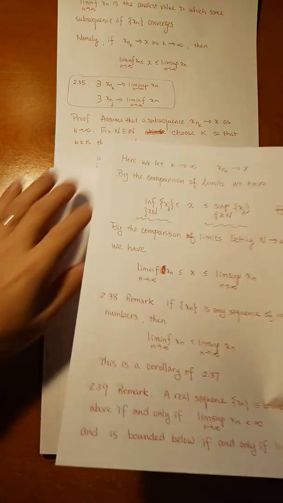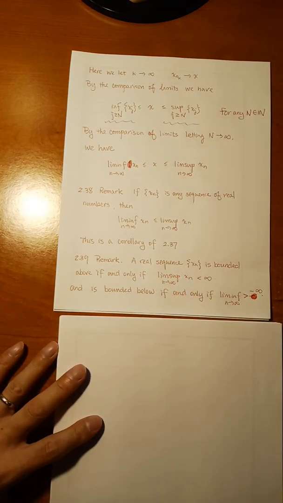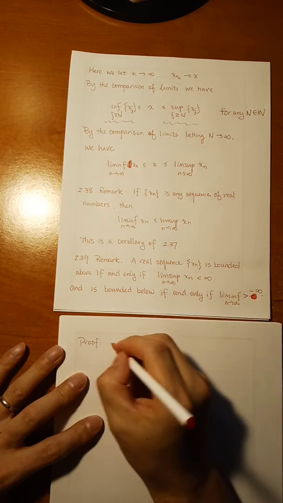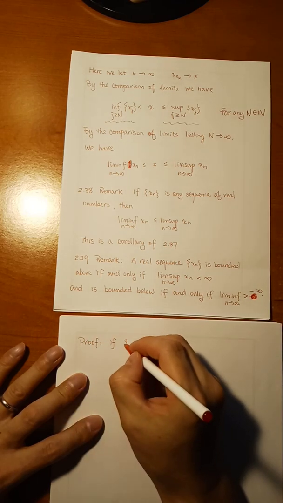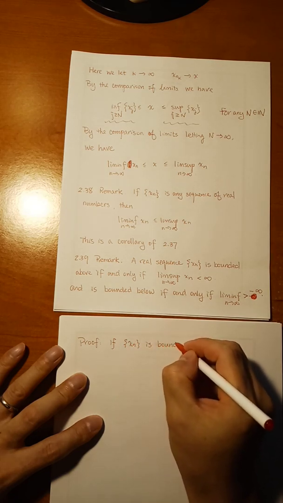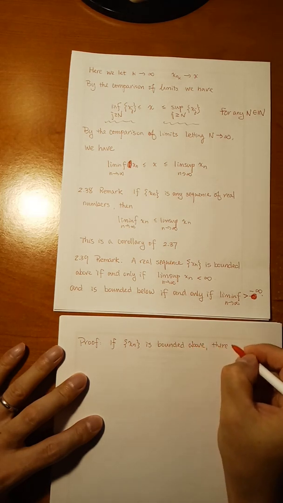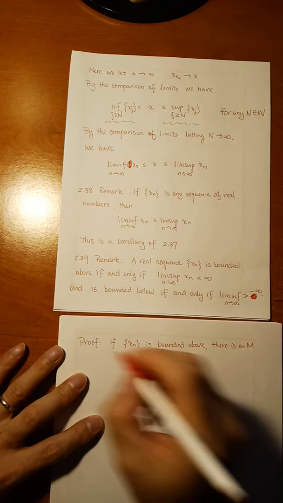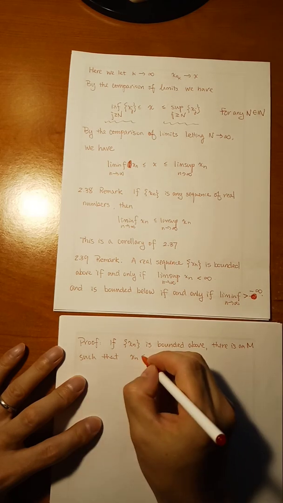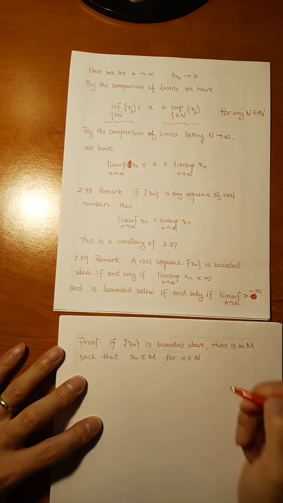We will just do one. If xn is bounded above, there is a capital M such that xn is less than or equal to capital M for all n in the natural numbers.